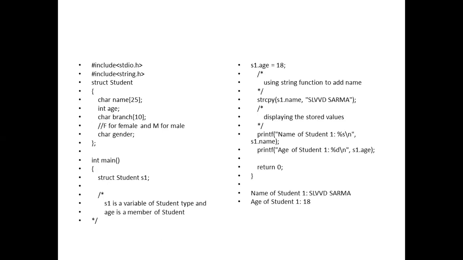Name is a member of S1, so we specify S1 dot name. If you want to read the age of the student, we specify scanf %d, comma, address of S1 dot age. This is the way we access the values, and we can read the data from the keyboard. The user can enter the values. So this is the program we are going to read.